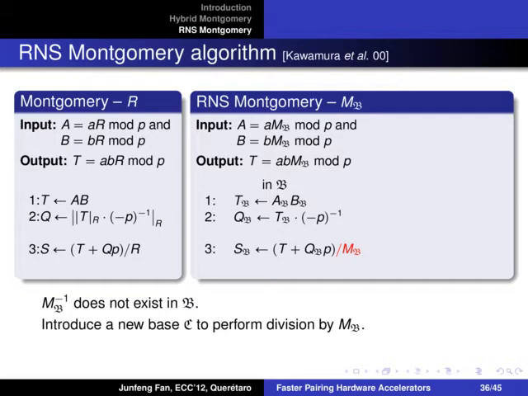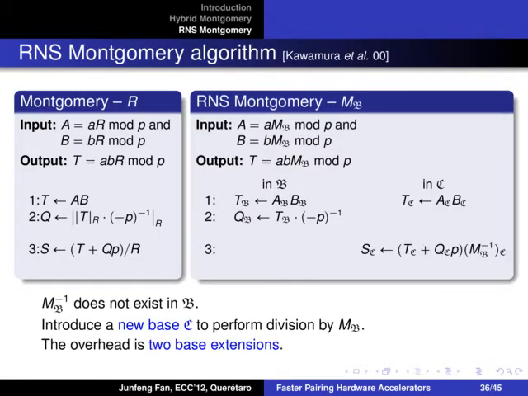But this operation, this dividing by R, cannot be performed in this base B directly because the inverse of MB does not exist. So what you do is you really do this operation in another base. So the overhead is that you now have two base extensions basically.